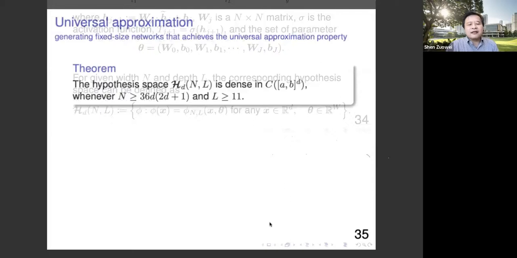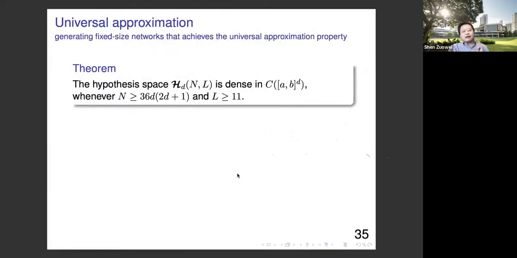So the magical theorem says that for this hypothesis space with fixed N and L, as long as your L is bigger than 11 and your N is on the order of D squared, this hypothesis space is dense. That means a finite number of neurons can be dense in the whole continuous function space.